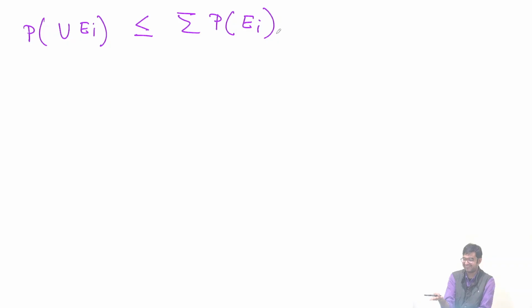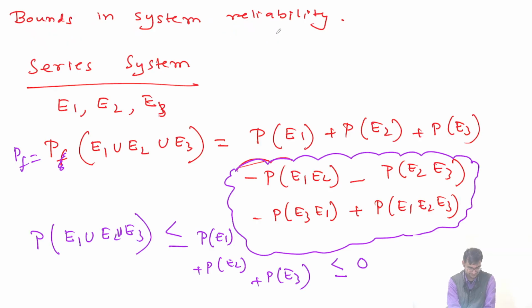Obviously not 0. We cannot. I mean, that bound is not meaningful. It should have some meaning. So what is that? E1, E2, E3. What do you think is the bound on that?